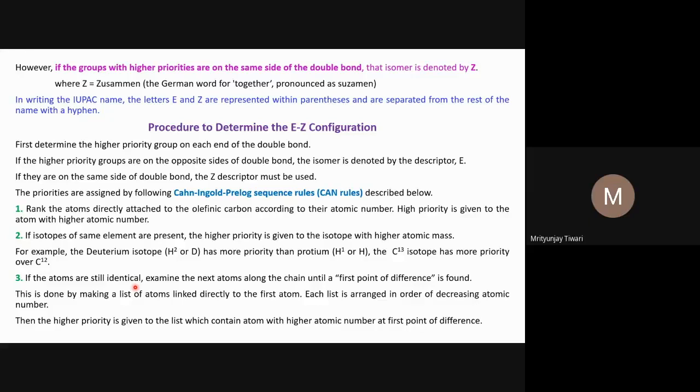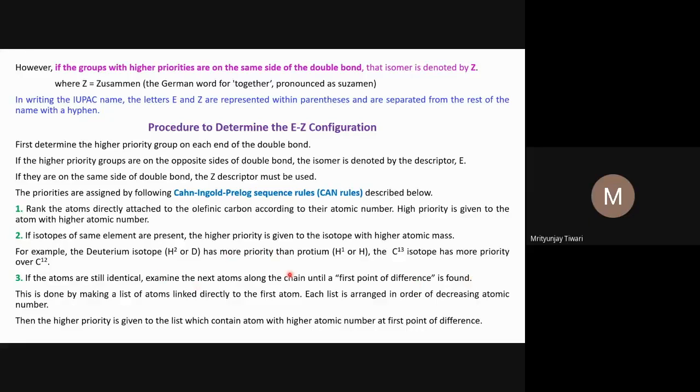So if the atoms are still identical, examine the next atom along the chain. If the first carbon is the same, examine the second atom along the chain, then the third and the fourth, and if you still don't see any difference, go further, examining the next atom along the chain until a first point of difference is found.